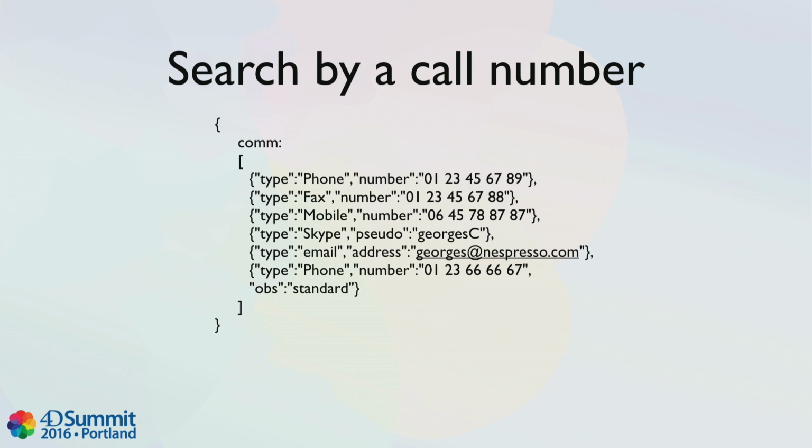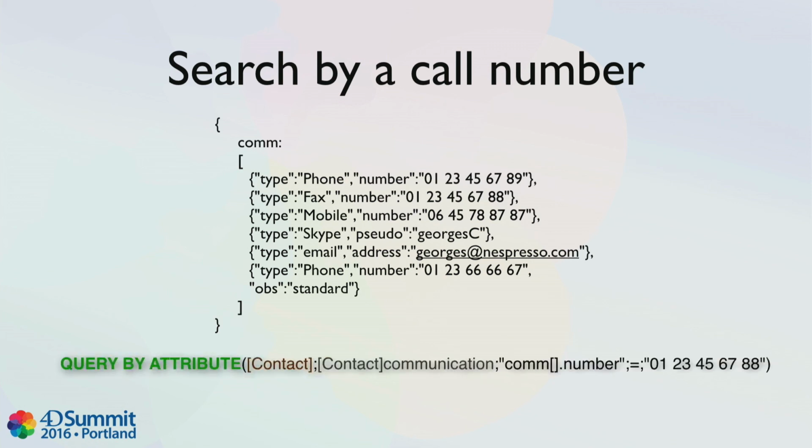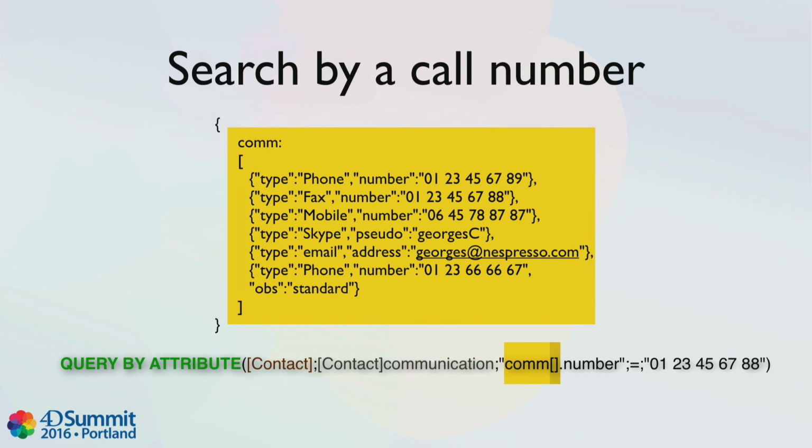To search inside this object, we have query by attribute. We query on the table contact, in the field contact communication, and after we have a path. This path comes here, this part of the object. And after, the square bracket is an array, a subpart of the communication object.